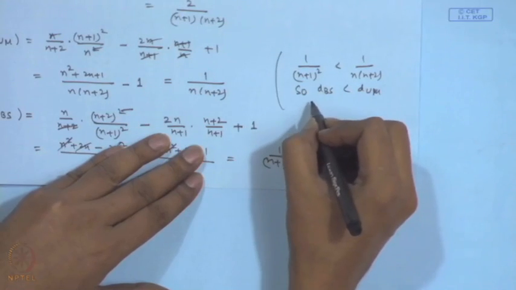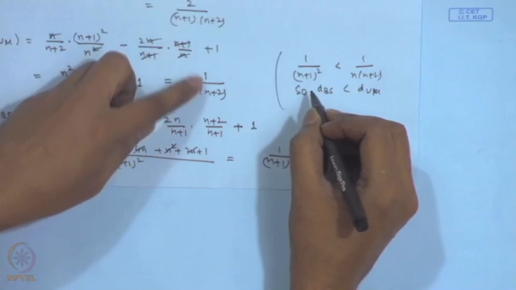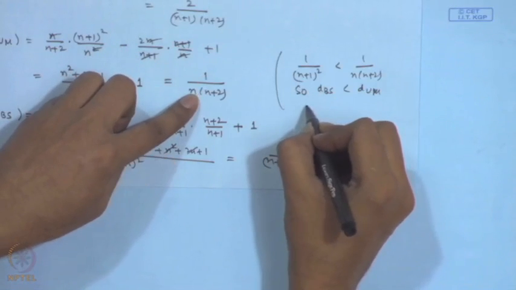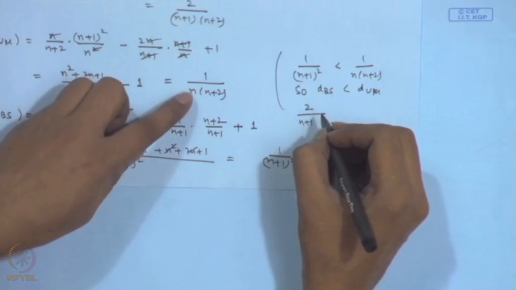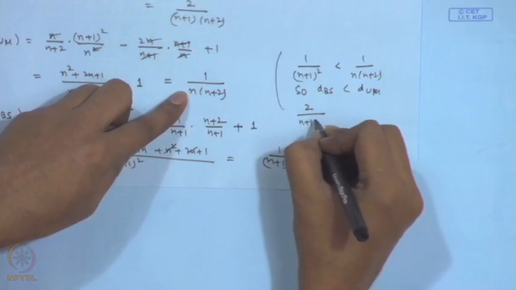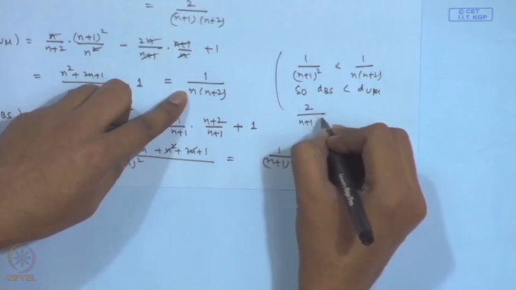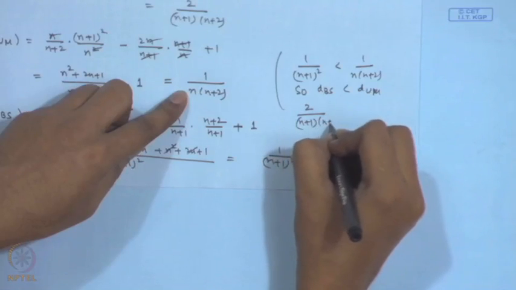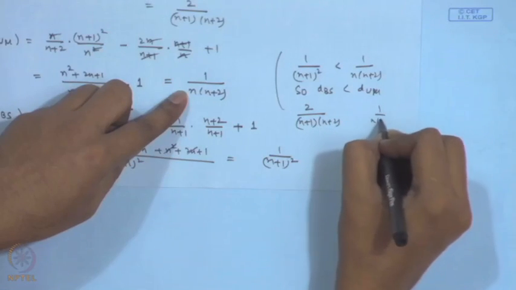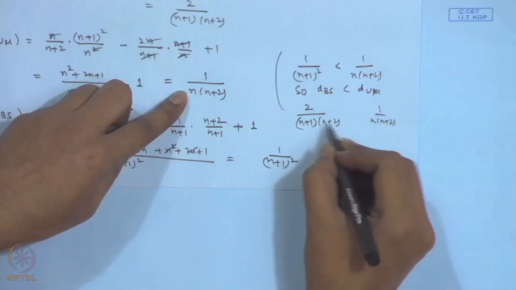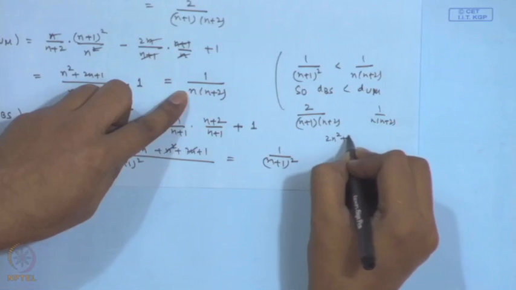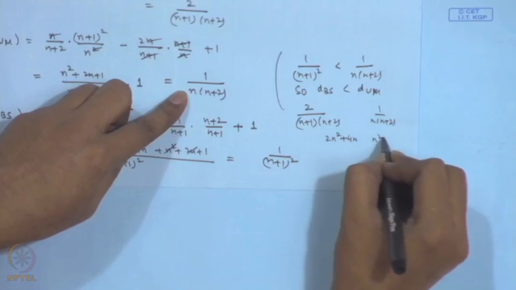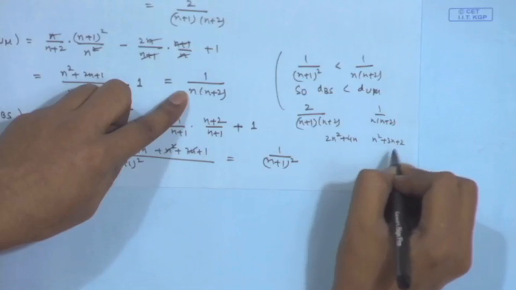Similarly, if I compare the MLE and the UMVUE, then 2/((n+1)(n+2)) and 1/(n(n+2)). Let us look at the comparison here. So, if I multiply, I get twice n² + 4n, and here I get n² + 3n + 2.